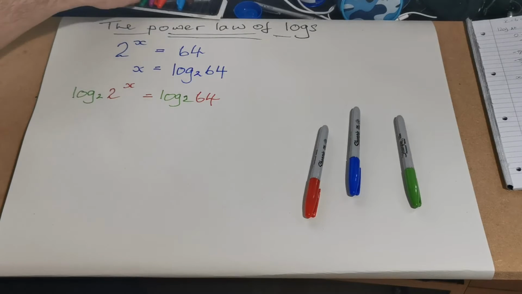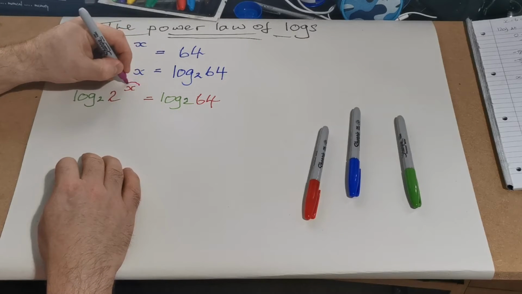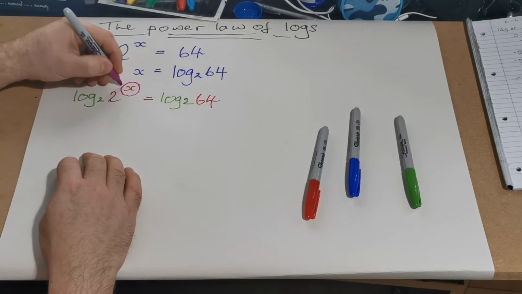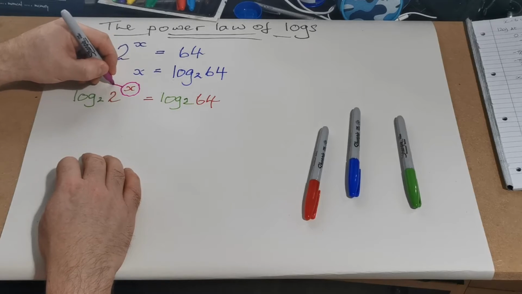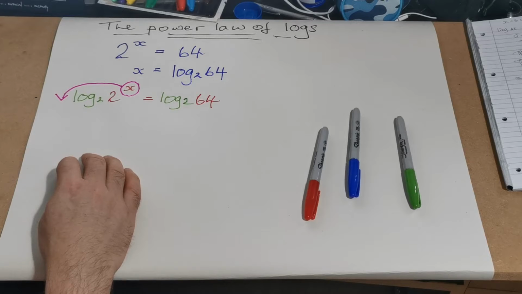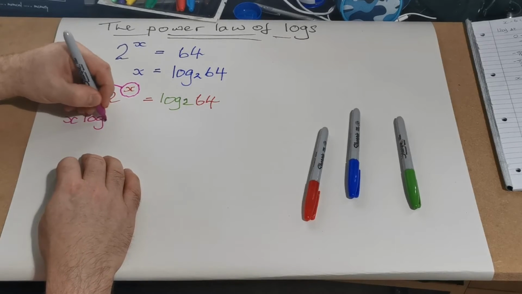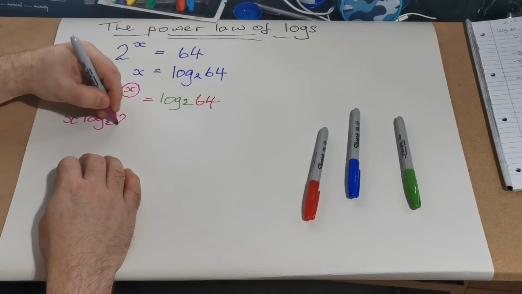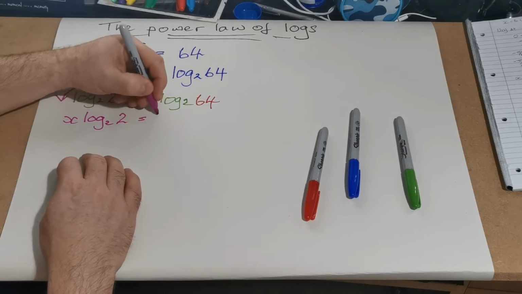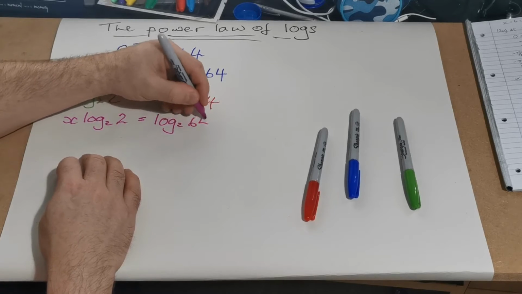And one way that we can consider it is that this x, because of the rules, this rule of log, the power law of logs, can come down to here. So we could have x log 2 is equal to log 2 of 64.